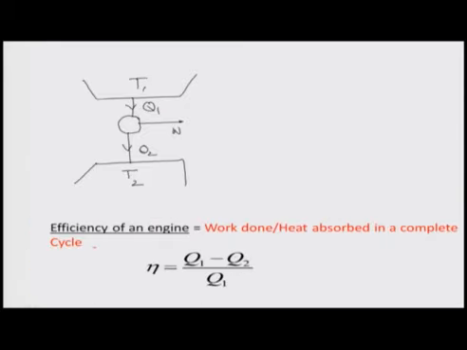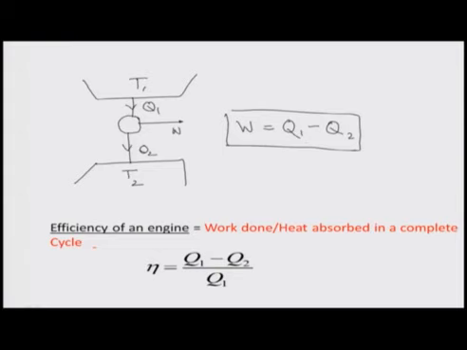So, heat absorbed in one closed cycle is Q1, heat released to T2 in a closed cycle is Q2, and work done is Q1 minus Q2. So, I am extracting some work from the engine, and this is the work done over one complete cycle.